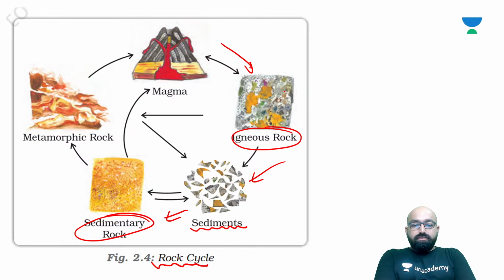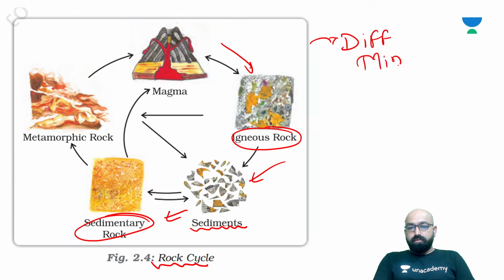So friends, rocks are made up of different minerals. Minerals are naturally occurring substances which have certain physical properties and definite chemical composition. Minerals are very important to humankind.